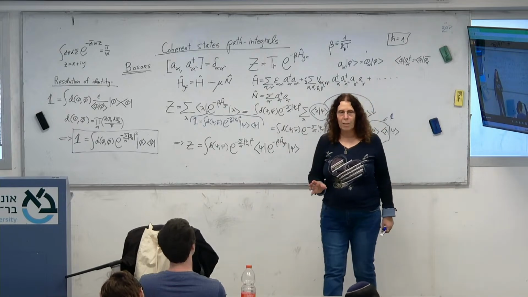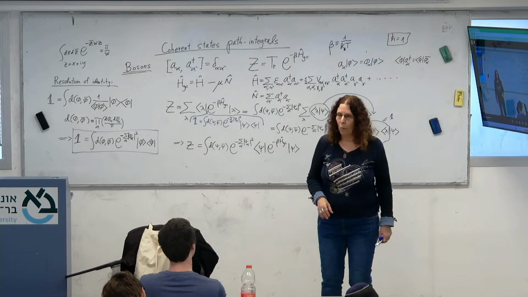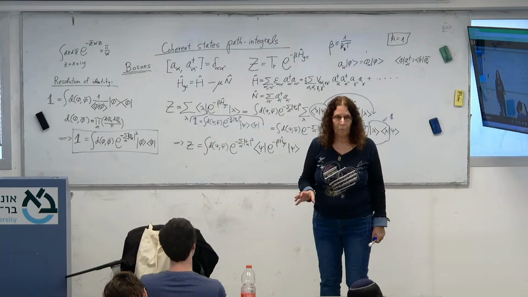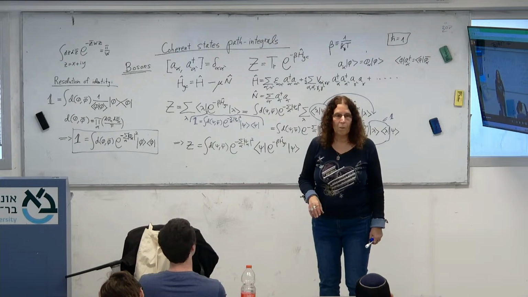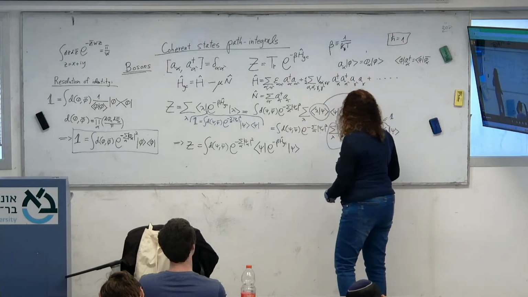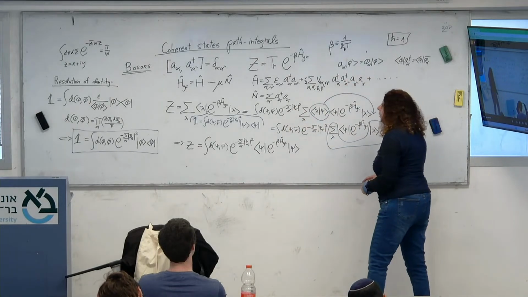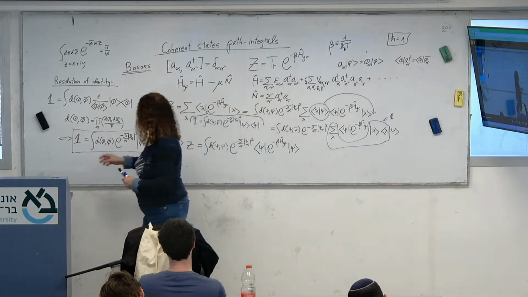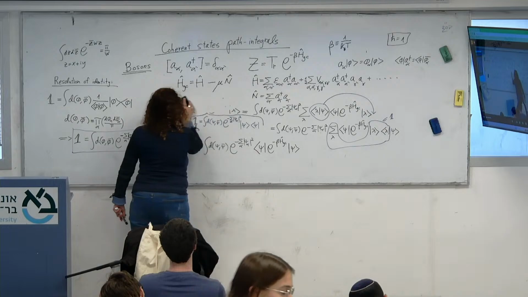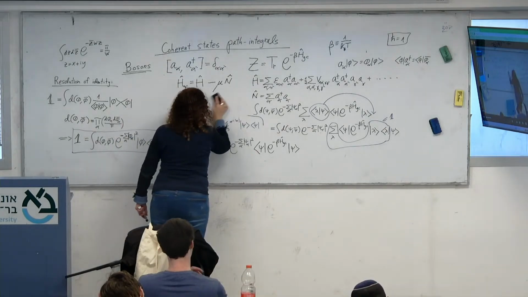But all these matrix elements will be in the basis of coherent states. And I'm claiming that this we know how to calculate from the definition. Okay, so let's see what it is. I'll erase all this.